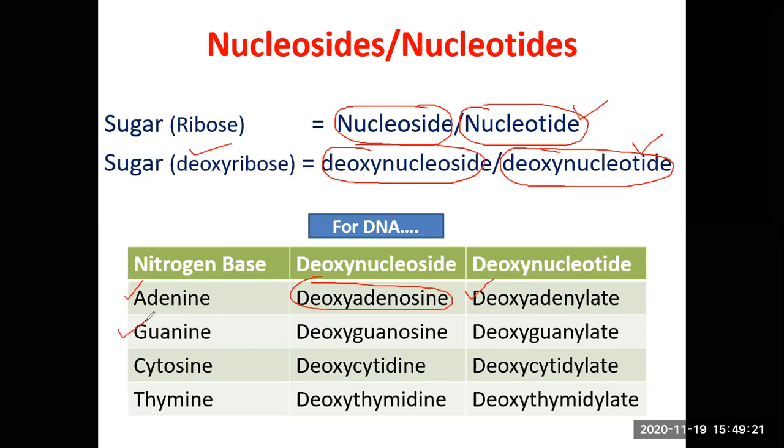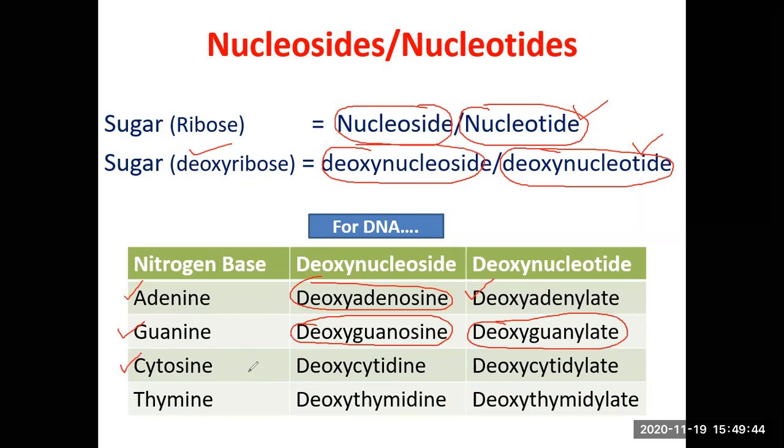When the nitrogen base is guanine, when it combines with sugar deoxyribose, the nucleoside you get is deoxyguanosine. And when it combines with phosphate, the resulting nucleotide is called deoxyguanylate, or you can call it deoxyguanosine monophosphate, or deoxyguanosine diphosphate, or deoxyguanosine triphosphate.